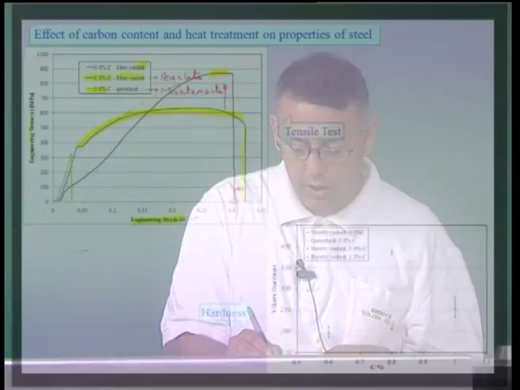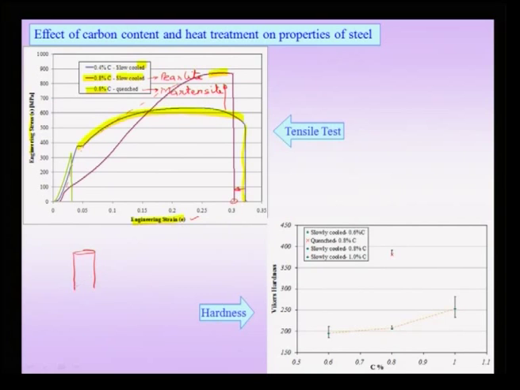That means, when I am doing a test on a cylindrical specimen like this, it will form a neck, and during this necking process most of the deformation is localized here, and therefore percentage reduction in area is a better measure of ductility as compared to the percentage elongation. But here we are looking at the overall characteristics, and a take home message is that with increasing carbon I have an increased strength, but lower ductility.